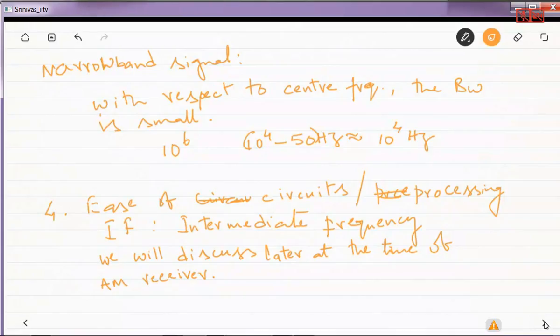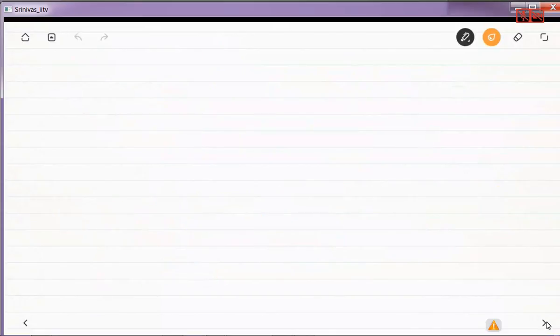Primarily, what I want to say is there are four reasons for moving from one portion of the spectrum to another, from the speech or audio range to a higher frequency, which is megahertz or gigahertz. Just to summarize, one is antenna size.